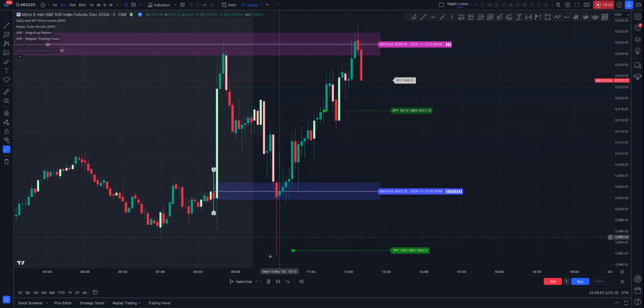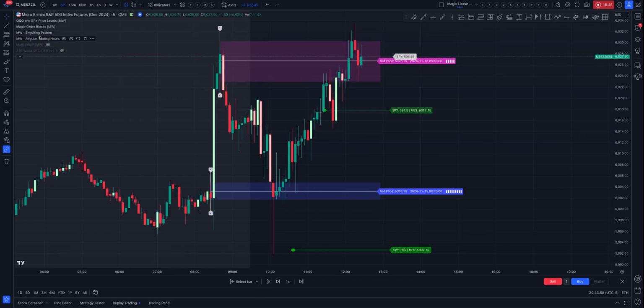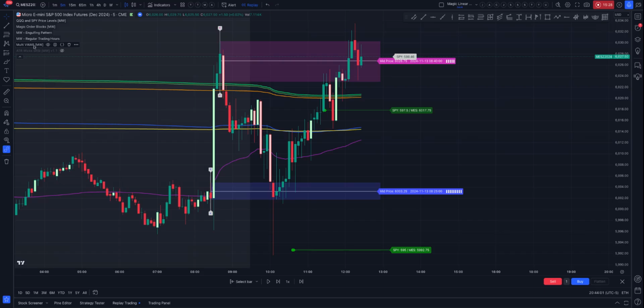Now, one thing I always have on, which I didn't show, is the VWAP.